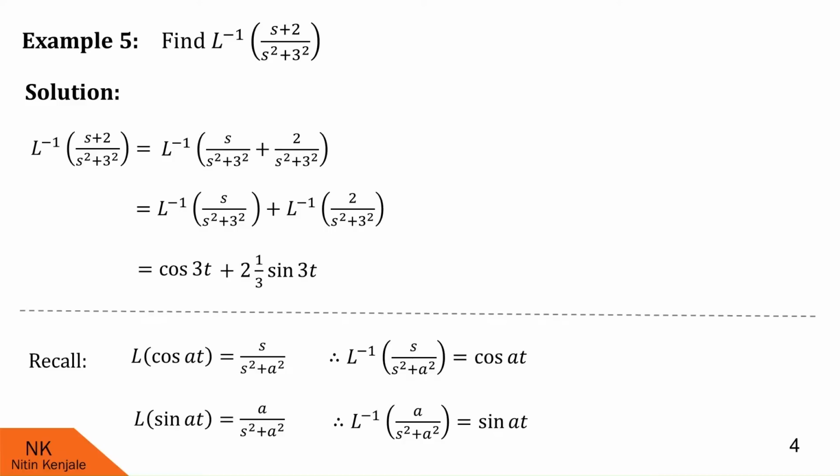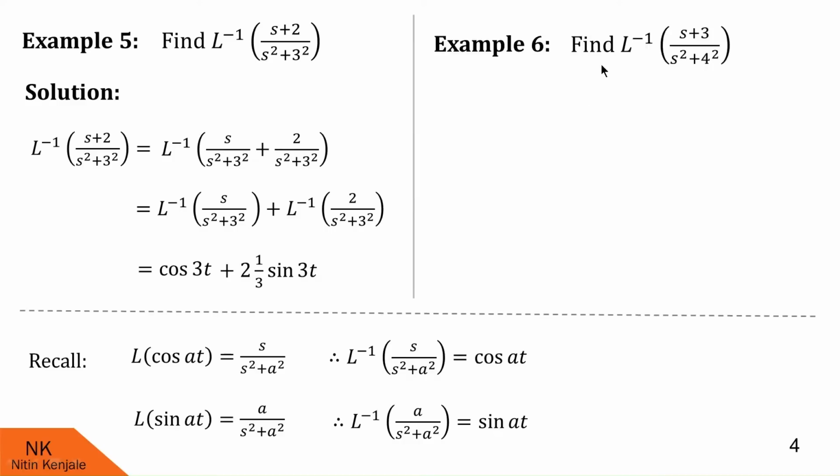Now let us go for a similar example. Here we have to find L inverse of s plus 3 upon s square plus 4 square. Just like this example, you can first distribute this function over the addition in the numerator. Then using the linearity property of L inverse, you can find L inverse of s upon s square plus 4 square and L inverse of 3 upon s square plus 4 square.